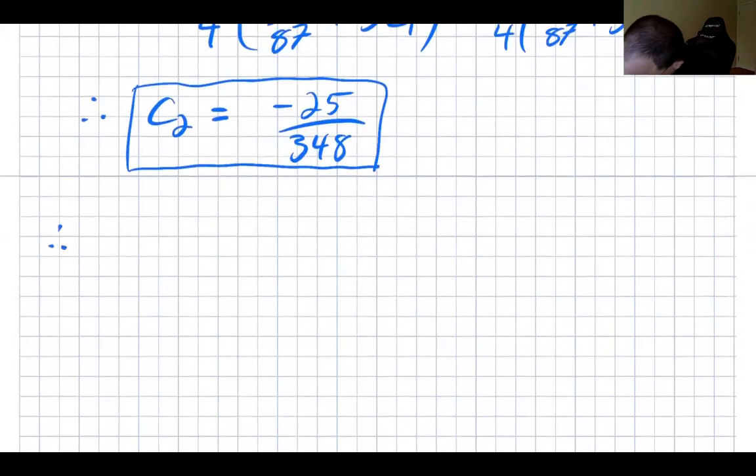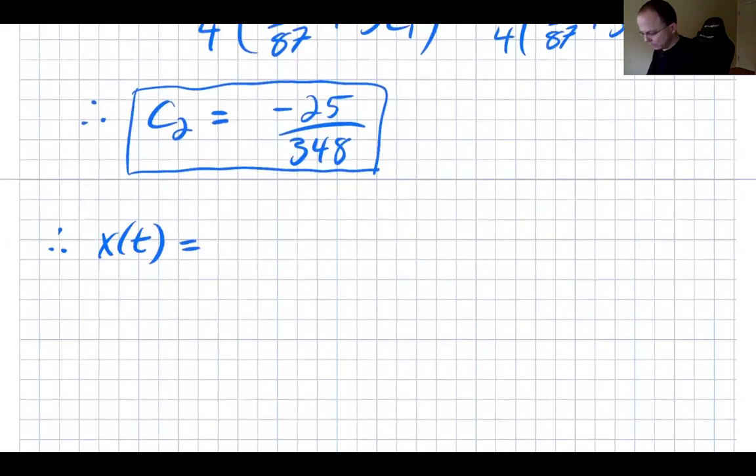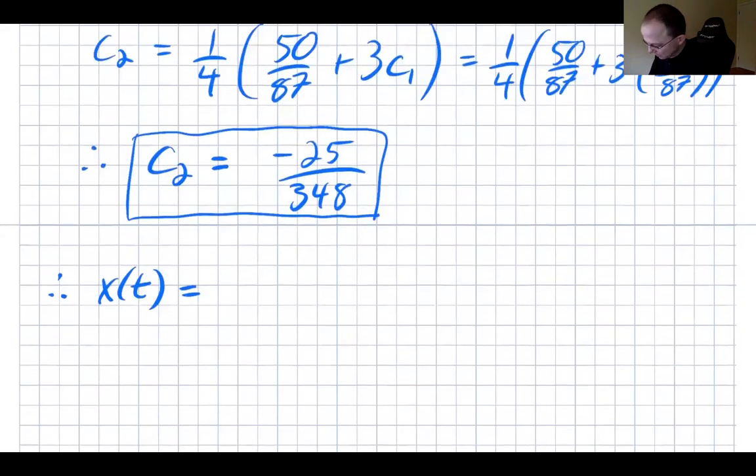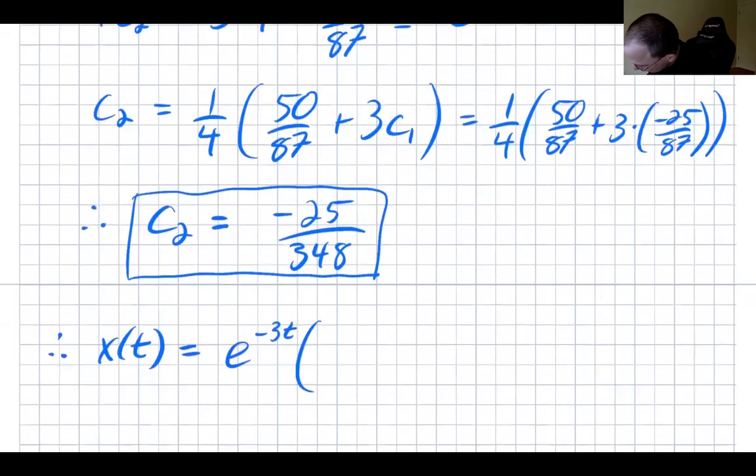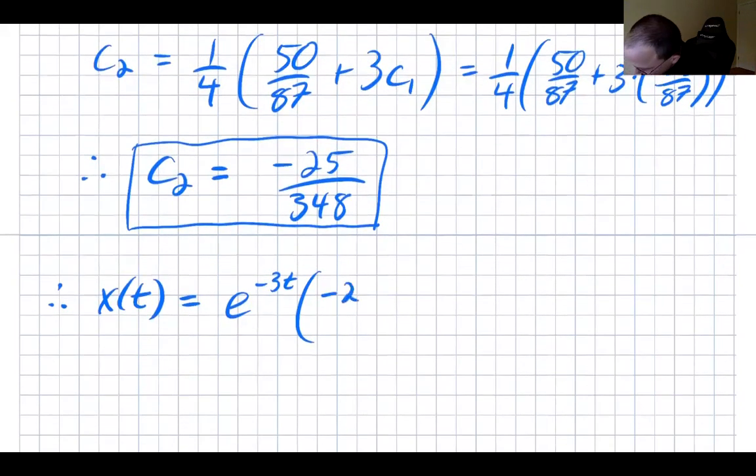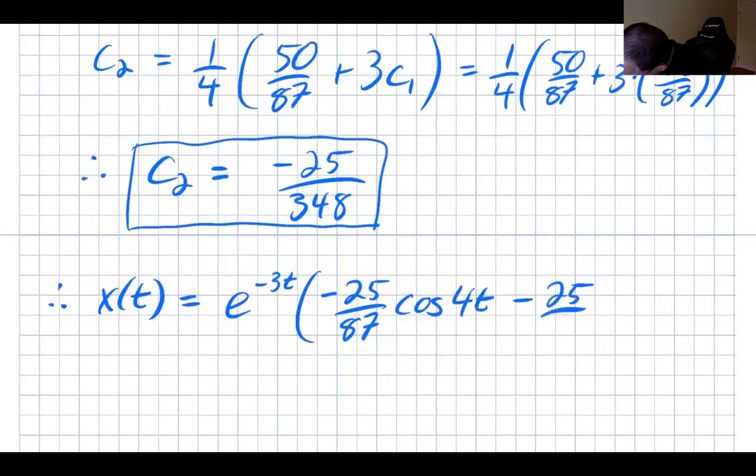So therefore, x of t is equal to what? Let's see. That was e to the negative 3t times c1, which is negative 25 over 87 cosine 4t, minus 25 over 348 times sine 4t.